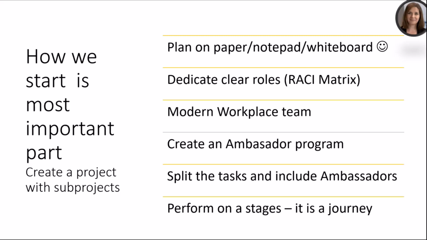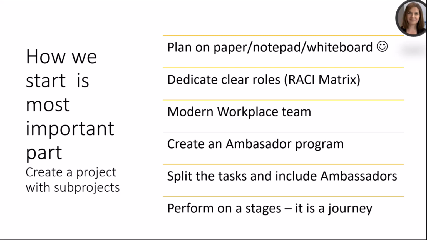Then something that you maybe want to consider is having the modern workplace team and some program of champions. So this is during the planning process really important to see who is going to be involved and who is going to support your adoption process.